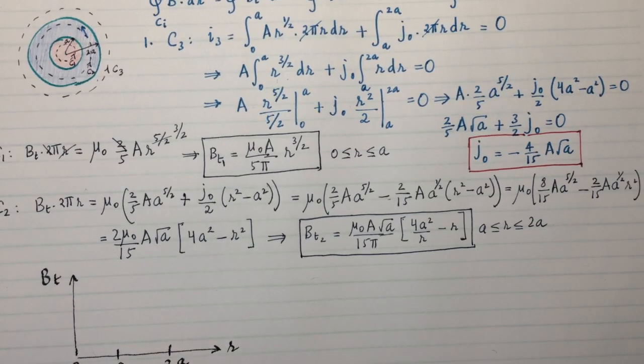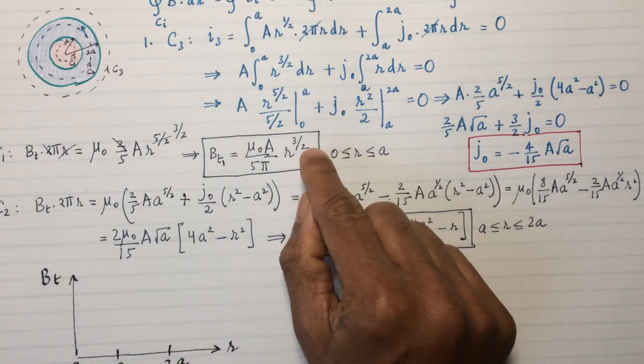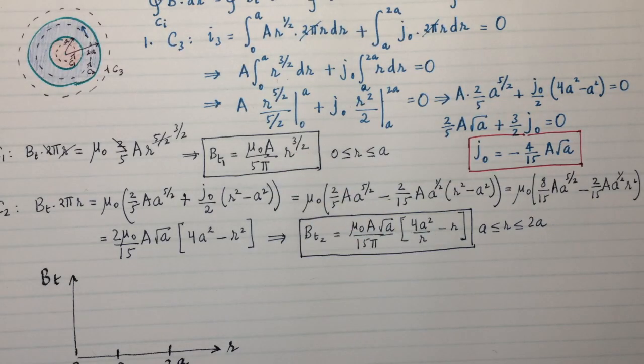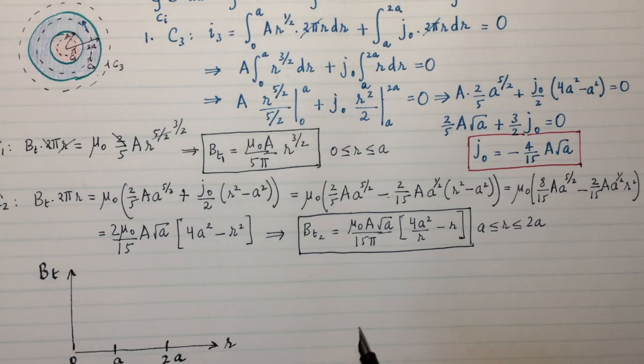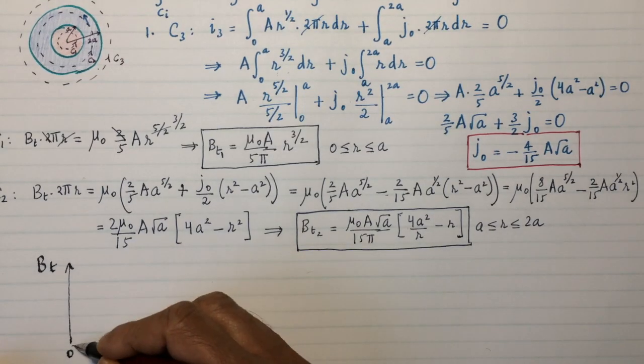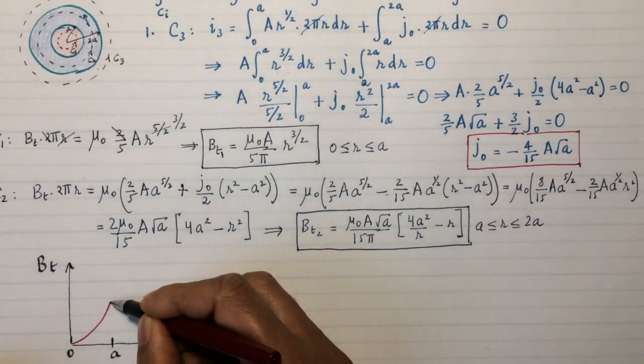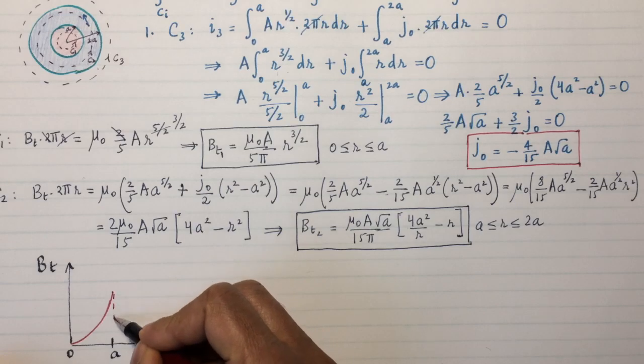So from 0 to A, it's going to be r to the 1.5. 1.5 is a little bit less steep than a parabola. So we can draw a curve that looks like a parabola, I guess, because there's no way to tell.